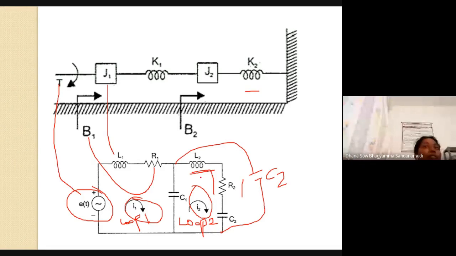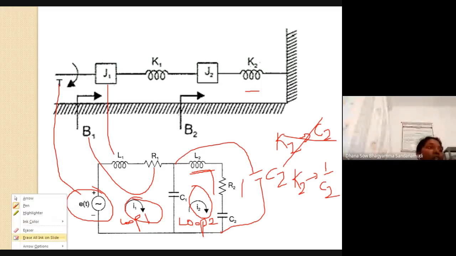But here K2 is analogous to 1 by C2. That's why C2 is connected in series to these two elements. That you must remember.